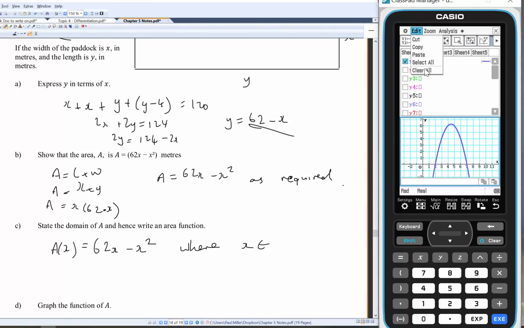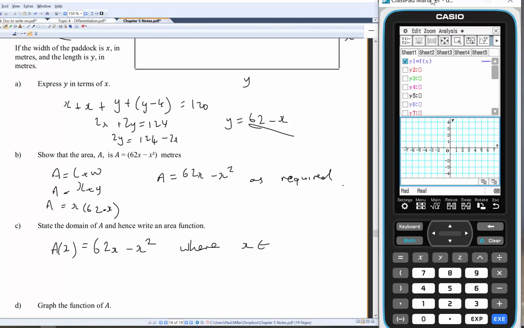Okay, so edit, clear all, and let's go and graph it. That's going to be 62x take away x squared.